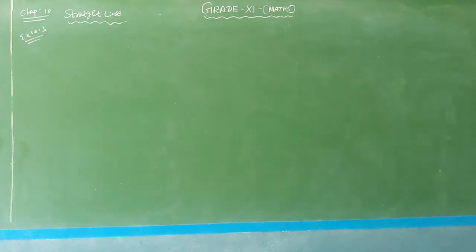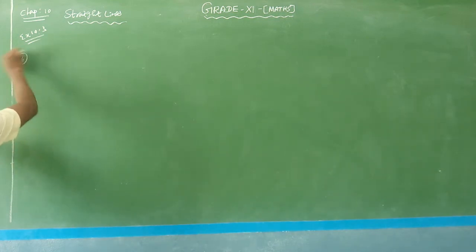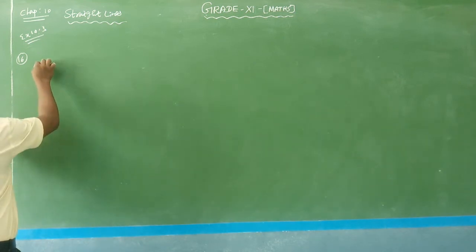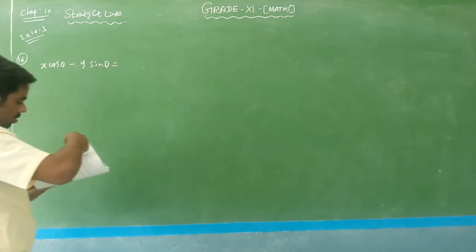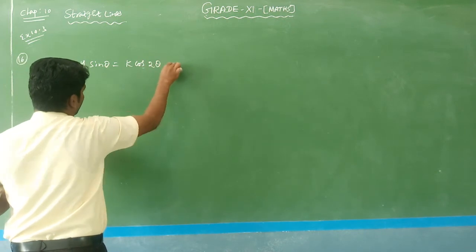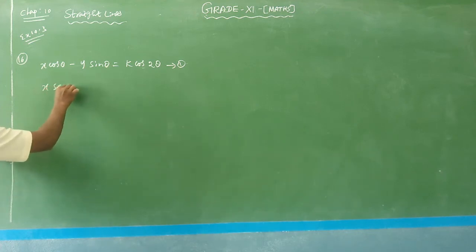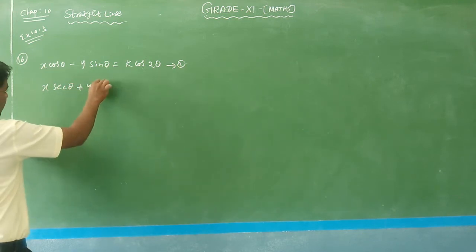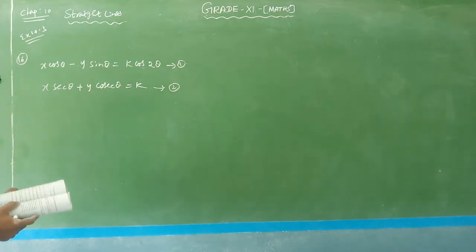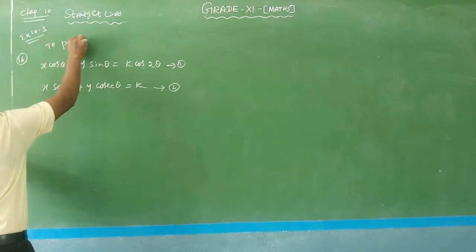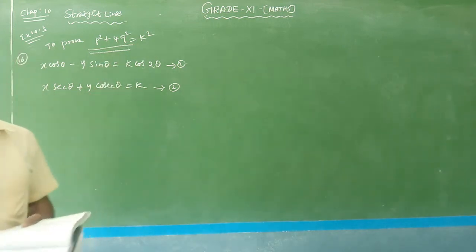Next, question number 16. If p and q are the lengths of the perpendiculars from the origin to the lines, the first line x cos theta minus y sin theta is equal to k cos 2 theta, this is equation number 1, and the second line x secant theta plus y cosecant theta equal to k, this is equation number 2, then prove that p square plus 4q square is equal to k square.